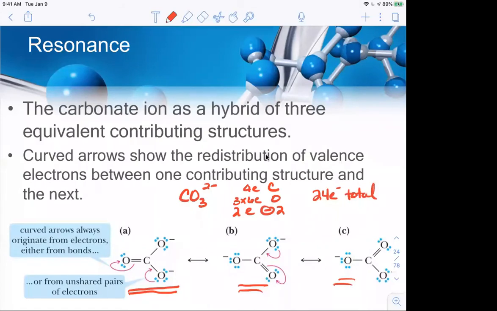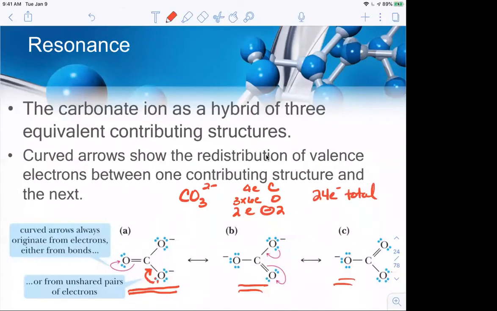So here, if I show the shift of electrons, this lone pair is going into this bond. My curved arrows, which we're going to get really used to, always start from an area of high electron density and go to an area of lower electron density. So my curved arrows always originate from electrons, which are either unshared pairs or bonds.